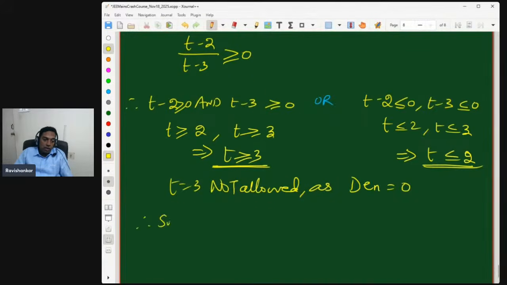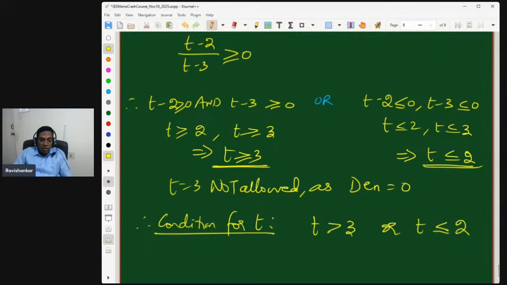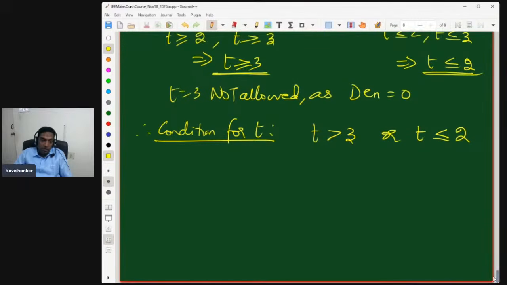Therefore, the condition for t is t greater than 3 or t less than or equal to 2. Both are correct. So let's take case 1. This is 1 and this is 2.